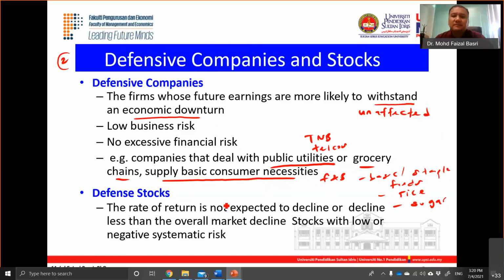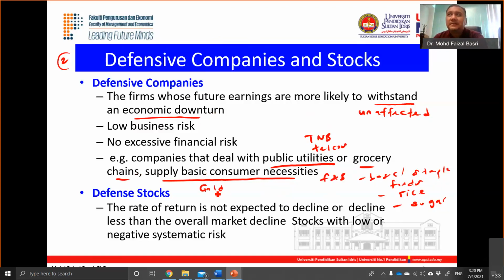So the rate of return is not expected to decline during overall market decline. So they will not go similar with the market trend. Okay, as I said, when the market is going down, their performance either stays the same as before, or some types of company may perform better. Another type of company here may be companies related to gold, for example.